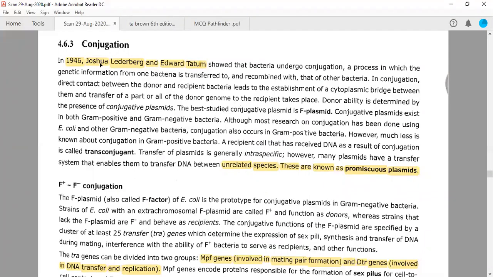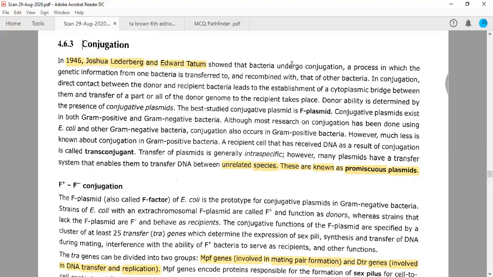So two scientists in 1946 discovered the process of conjugation, which requires direct cell-to-cell contact between two bacteria so that they can transfer their genes from one bacterial cell to another bacterial cell. And this is a kind of horizontal or lateral gene transfer, which is happening between two different organisms or two different related species.